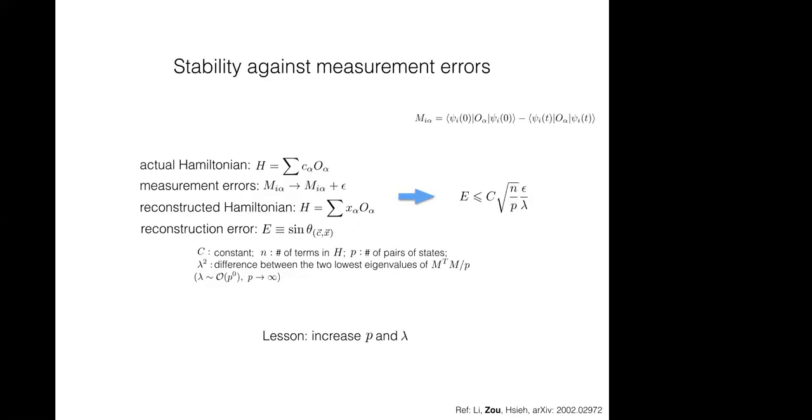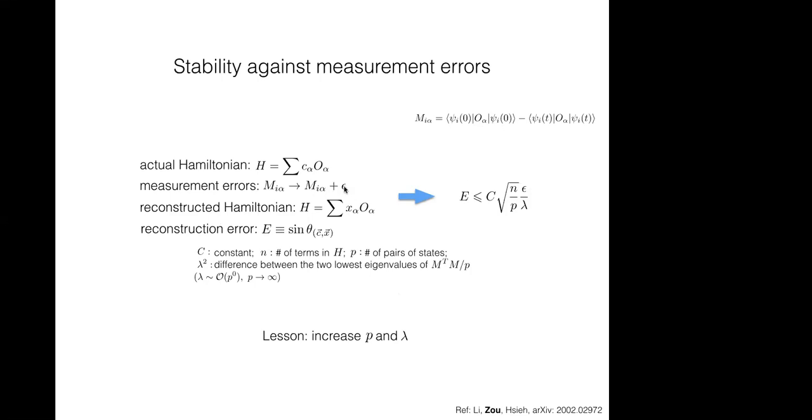And let's look at this more closely. Let's first look at the stability of this method against the measurement errors. Suppose the actual Hamiltonian is here, and we use our method to obtain the coefficients of the equation M. But because this M is just the result of some measurements, we may have some error in these measurements.